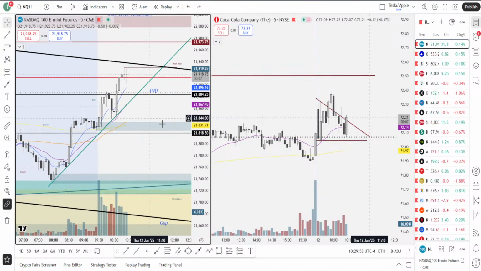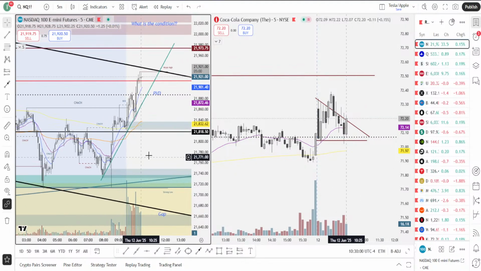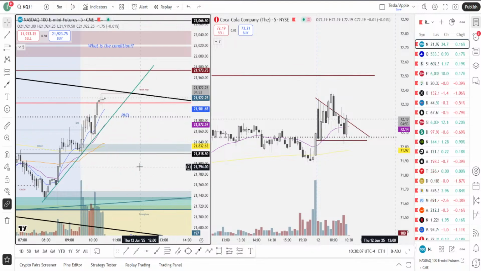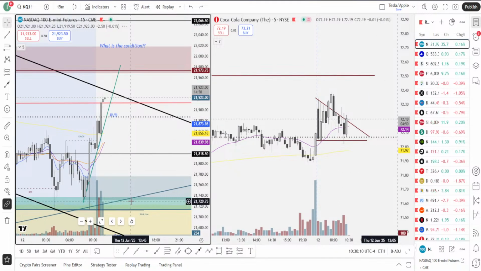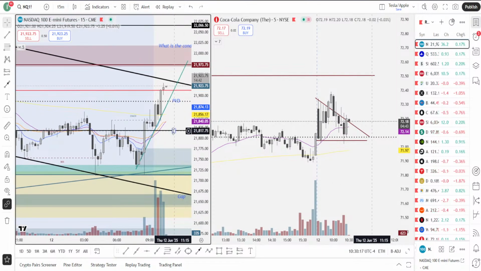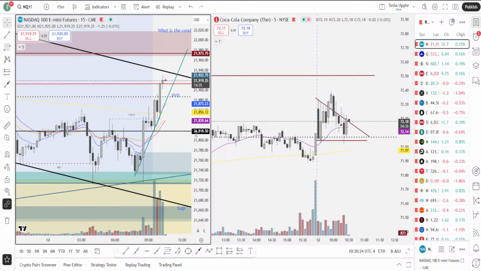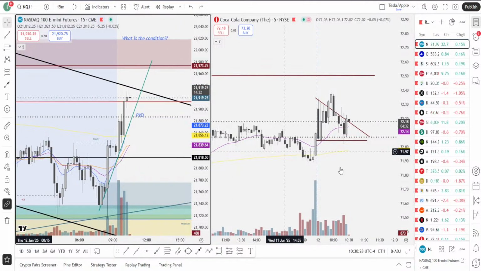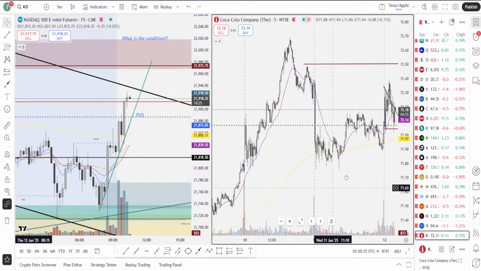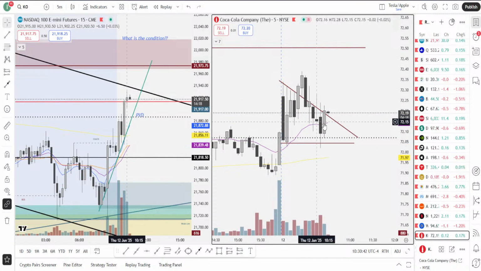This could actually be a good setup. Liking the setup here on Coke, man. I might take that.